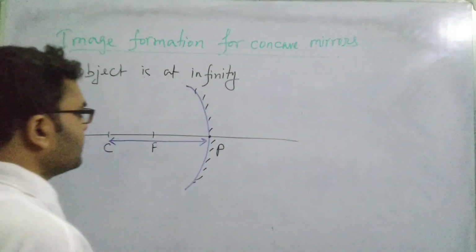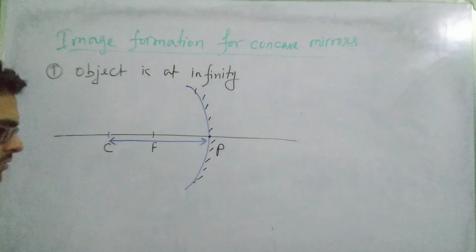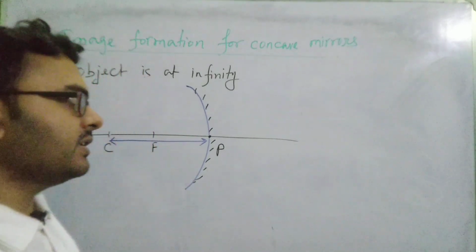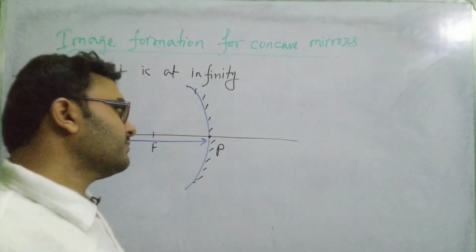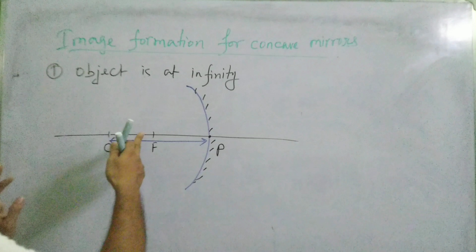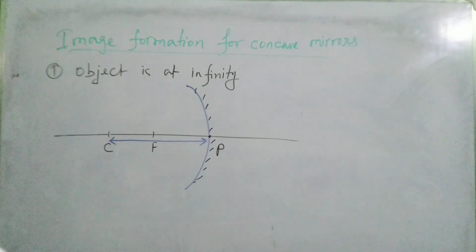So at 3 centimeter distance from the P, mark out the point F, because as you know, for a spherical mirror the focal length is half the radius of curvature. So use that to mark the focal point. Okay. Now, when the object is kept at infinite distance, what happens?